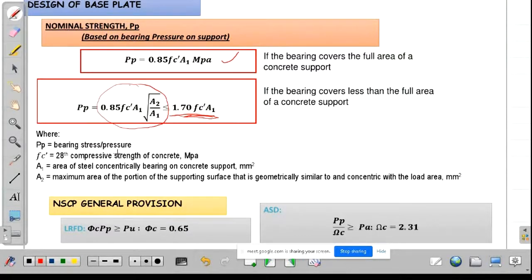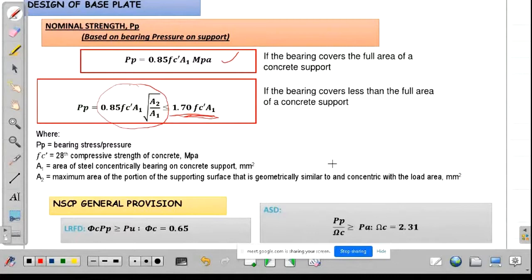So meron tayong notations na dito. Yung Pp natin, yung nominal strength pa lang ito sa bearing stress and pressure. Okay? And then yung fc' natin is the 28-day compressive strength of concrete. This is in MPa.